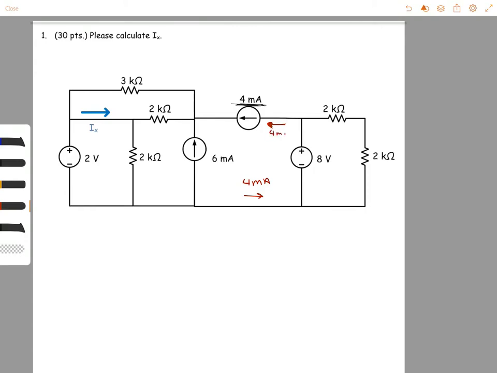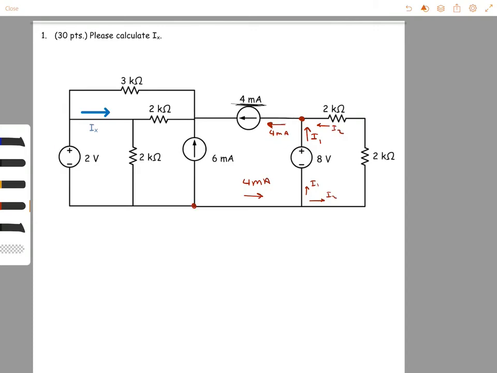This 4 milliamp coming out of this node to the left is a combination of these two currents coming in. We can call these I1 and I2.